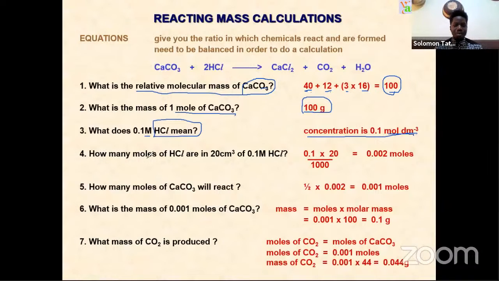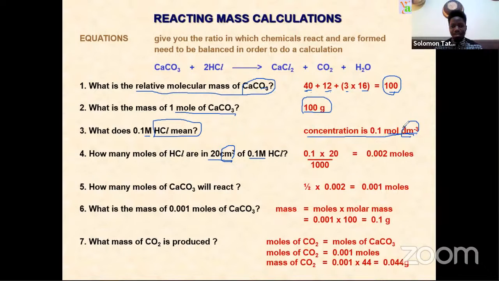How many moles of HCl are in 20 cubic centimeters of 0.1 molar HCl? As you can see, the volume we have been given is in centimeters cubed. But we see that our molarity or concentration can also be defined as mole per decimeters cubed. So it is decimeters cubed.